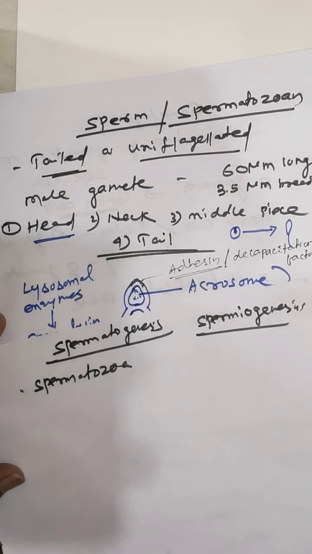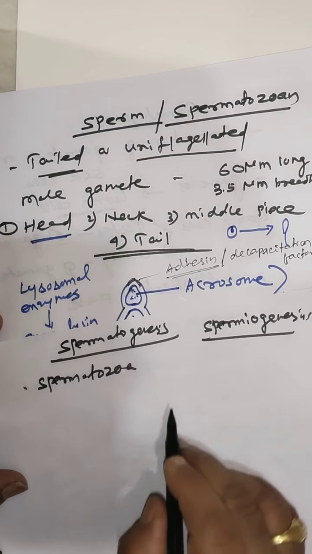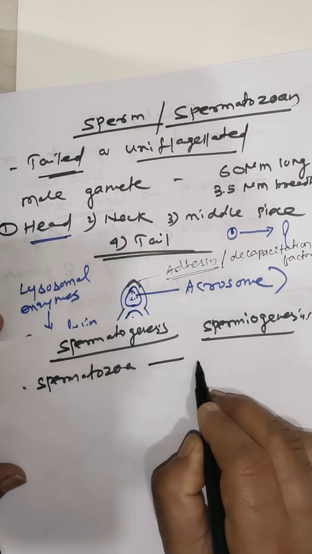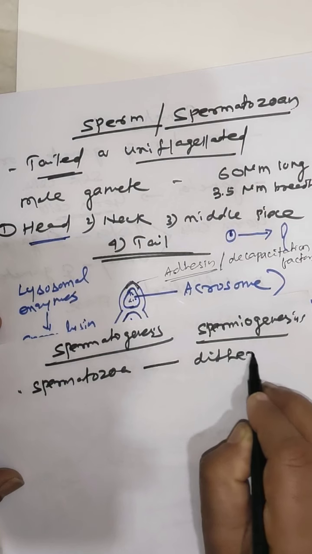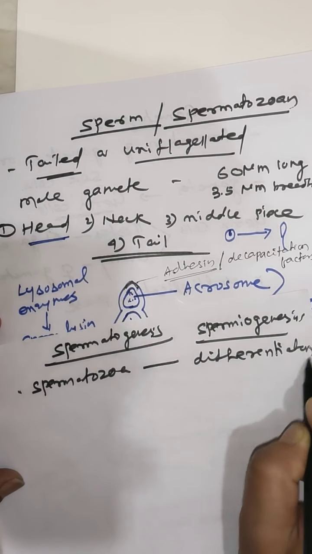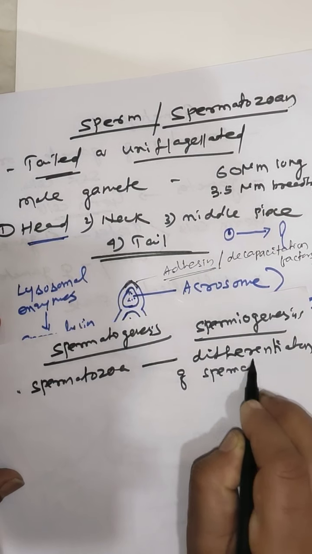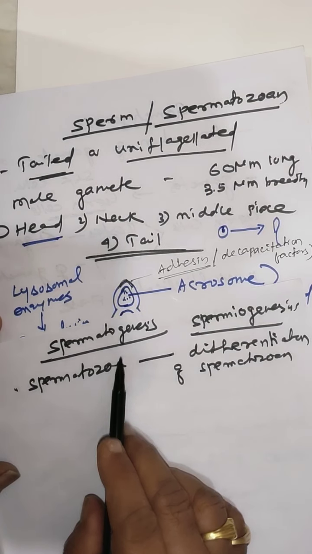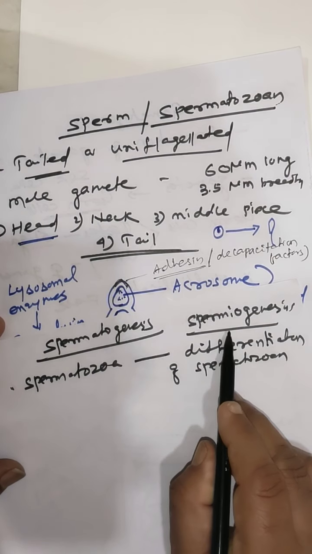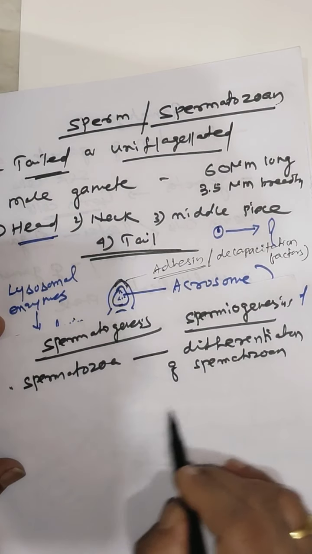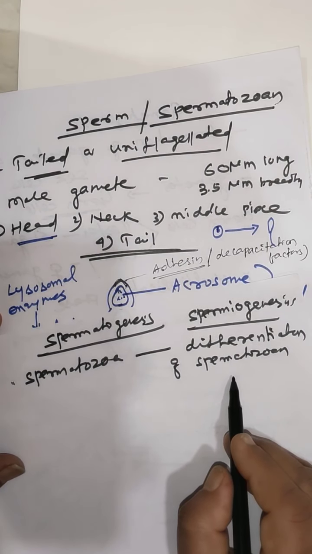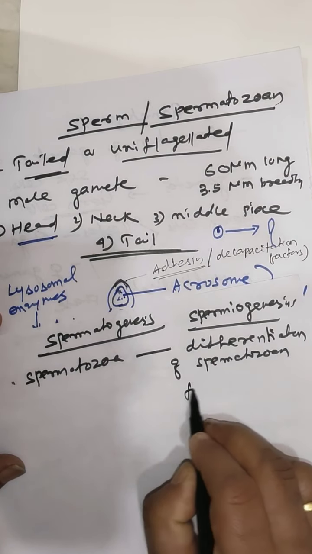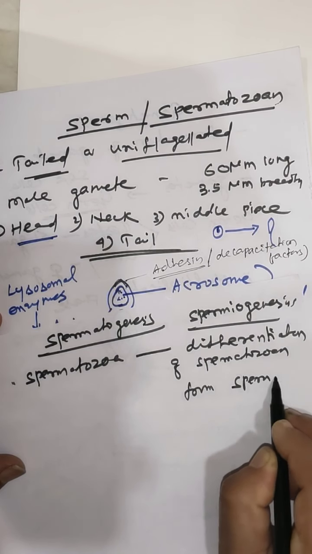In the spermatogenesis process, spermatozoa are formed, whereas in the spermiogenesis process, differentiation of spermatozoa occurs from spermatids. Clear?